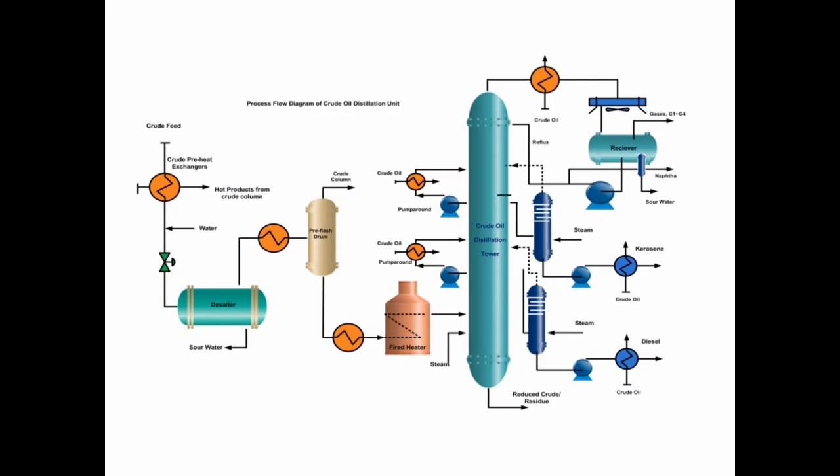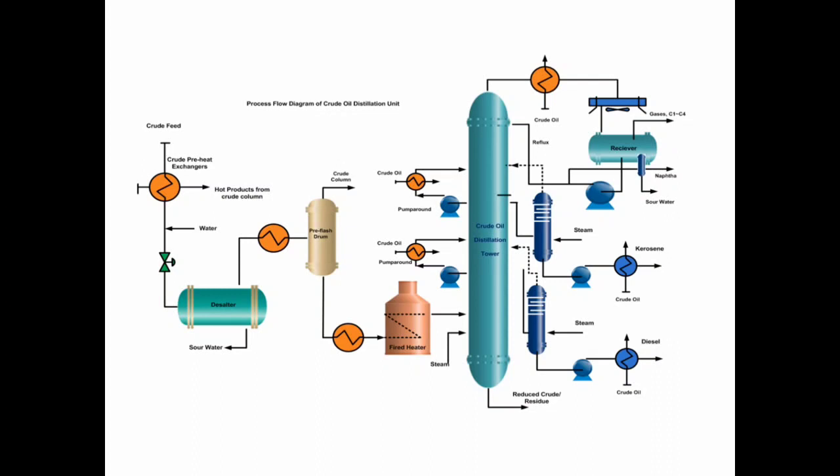Among these, there is high sulfur crude and also low sulfur crude. When the sulfur is 0.5 weight percent or more, that is high sulfur crude, and when it is less than 0.5 weight percent of sulfur, that is called low sulfur crude.